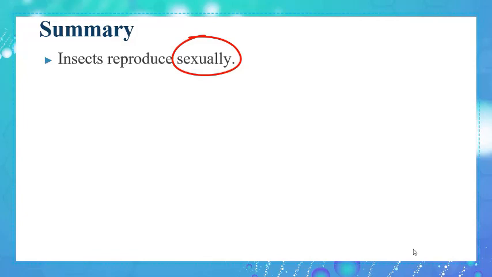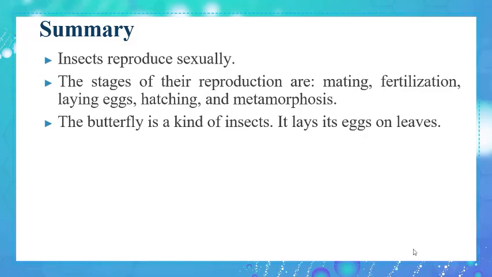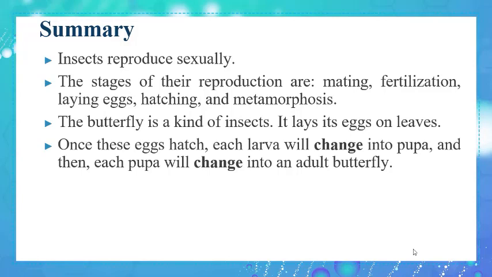As a summary, all insects reproduce sexually, and the stages of their reproduction are mating, fertilization, laying eggs, hatching, and metamorphosis. The butterfly is one kind of insects which lays its eggs on leaves. Once these eggs hatch, each larva will change into a pupa, and then each pupa will change into an adult butterfly.